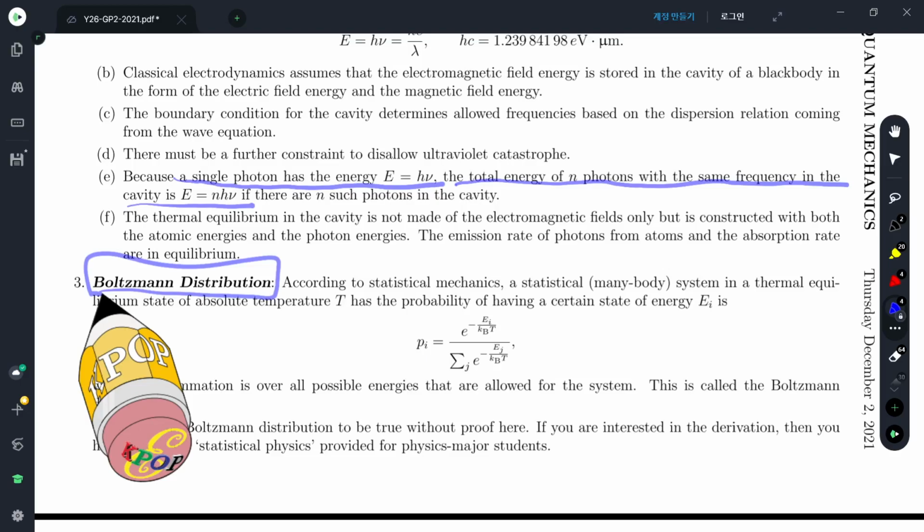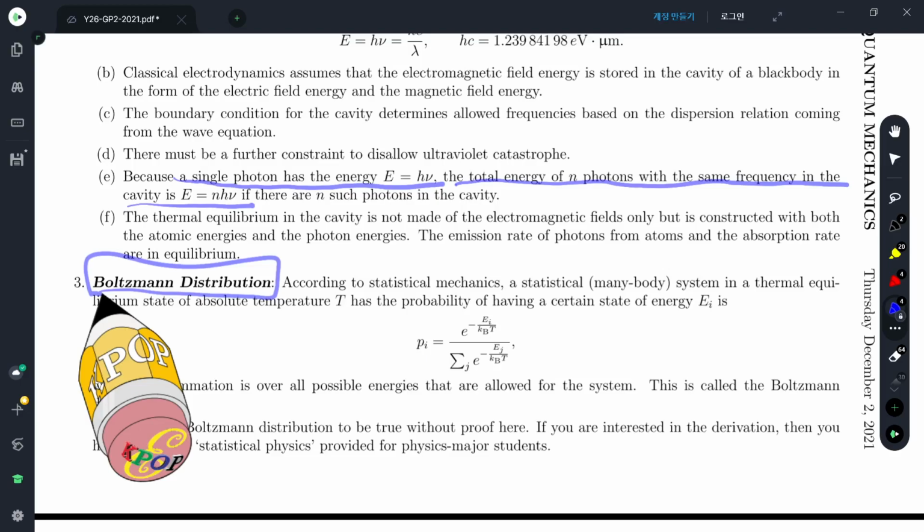As a result, the total energy of the electromagnetic field is actually the total energy of the photons, and these photons must have the energy of n times h nu.